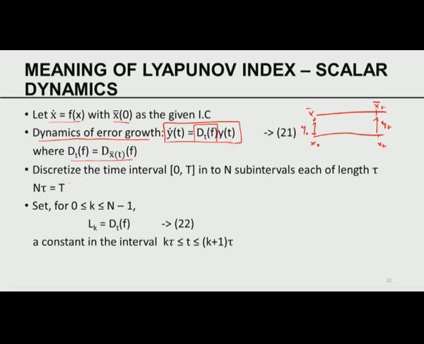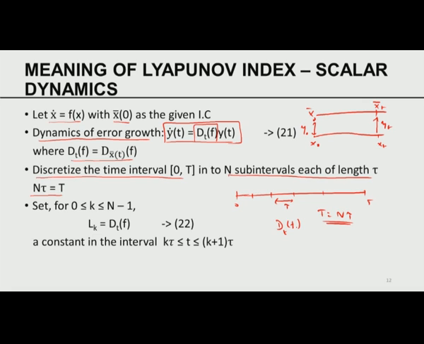If you discretize this in the interval 0 to t, there are n subintervals. Let the subintervals be of length tau, so n tau is t. So this is 0, this is t. I am going to divide it into subintervals of length tau, and t is equal to n tau. Now I am going to assume that this equation, which is given by 21, is such that during a given interval of time my Jacobian of f remains constant.